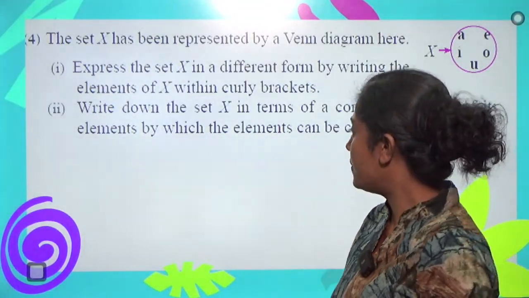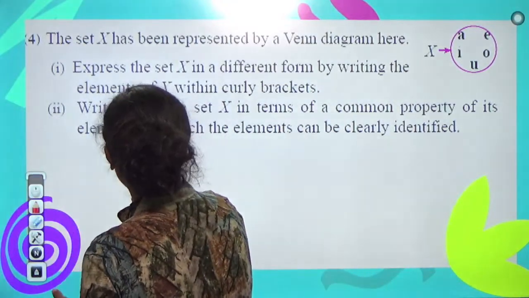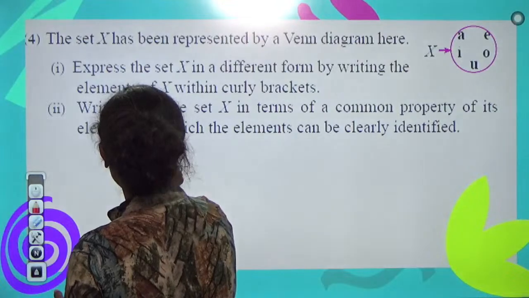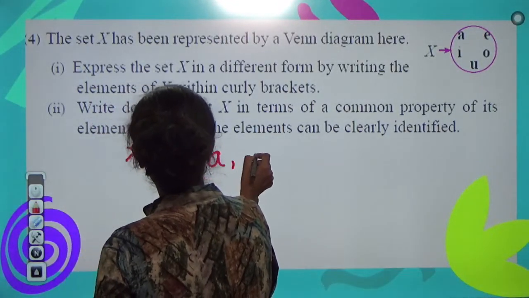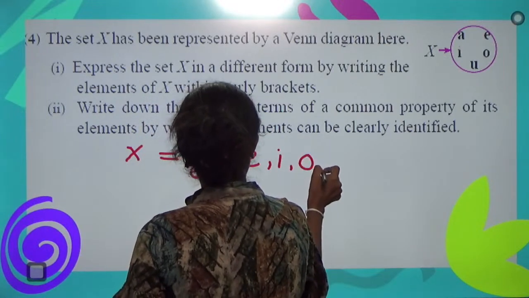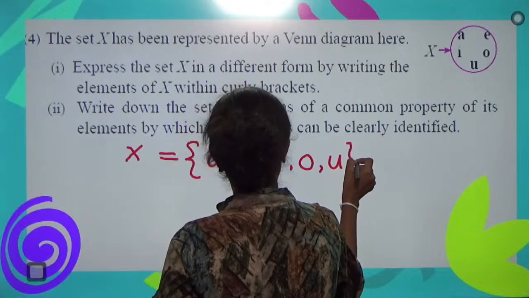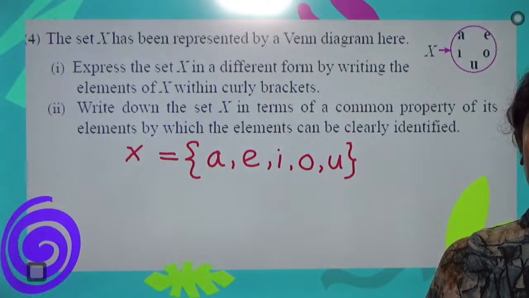The first method we have learned. Then we can write X equal within curly brackets simply A, E, I, O, U, and you have to close the brackets.